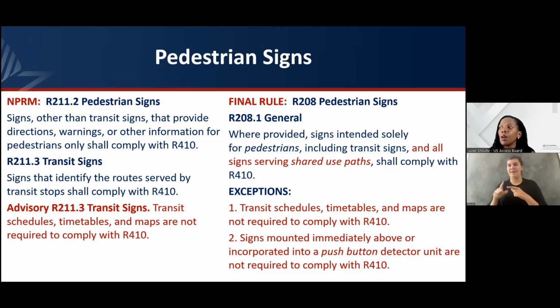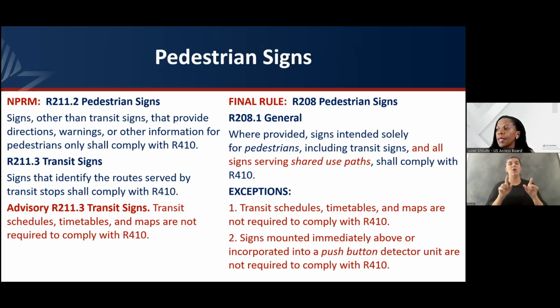But then we also say, and all signs at shared use paths. So we recognize that all signs at shared use paths may not be intended for pedestrians. So maybe there might be a sign for bicyclists telling them how fast they should go, or some other user other than pedestrians. So when it comes to shared use paths, all signs need to be accessible. The exception is where we address transit schedules, timetables, and maps. Those are not required to comply.